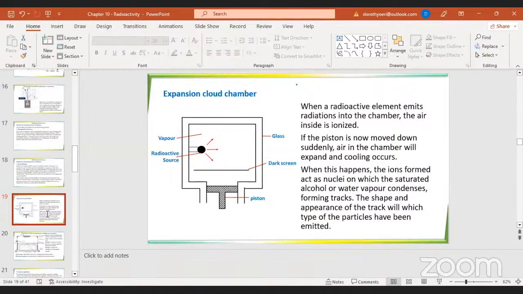Now, when the radioactive element emits the radiation inside, if the piston is moved down suddenly, remember ions are formed.